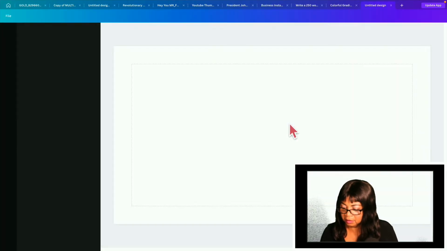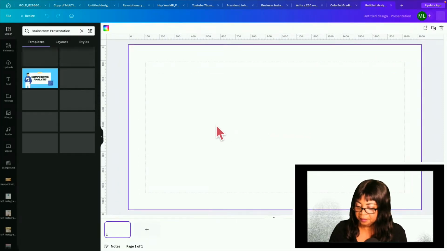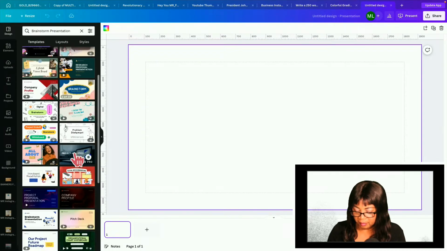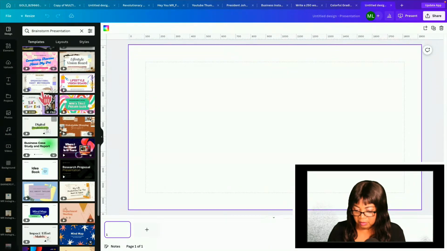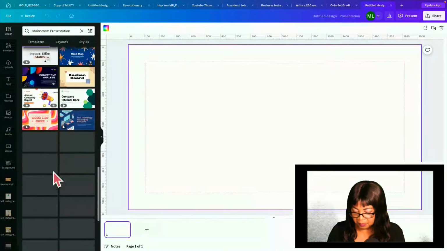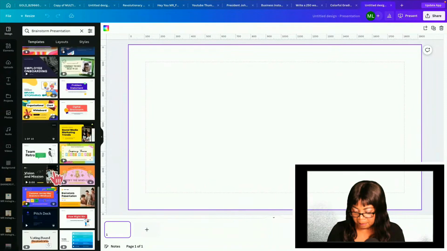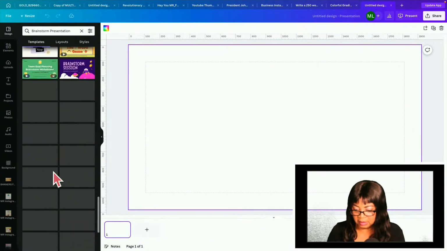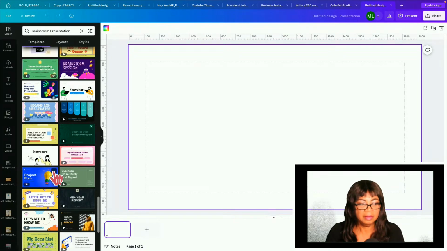This would be a horizontal. Okay. And you can check out all these various types of templates. Very interesting. Okay, so that's really cool.